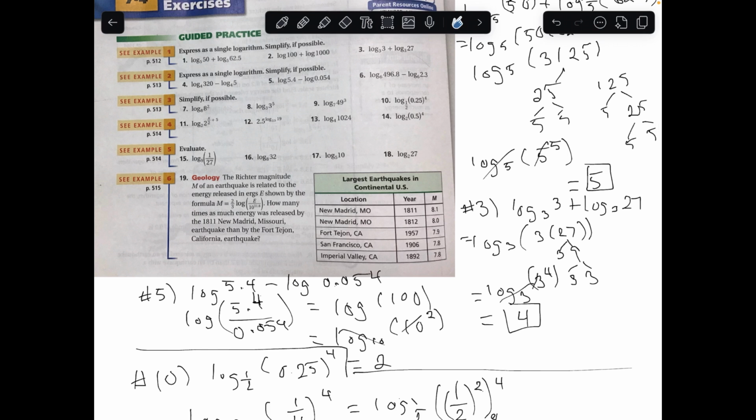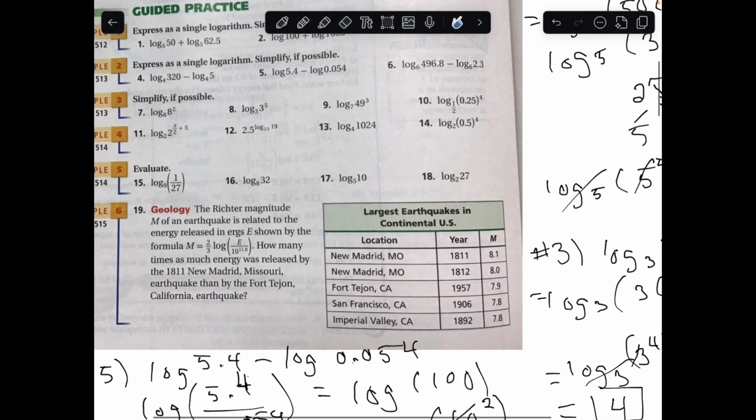Let's do something from example 5. So I've got, let's see what we got. I have log base 9 of 1/9. That's actually probably going to be the nastiest one I have here.